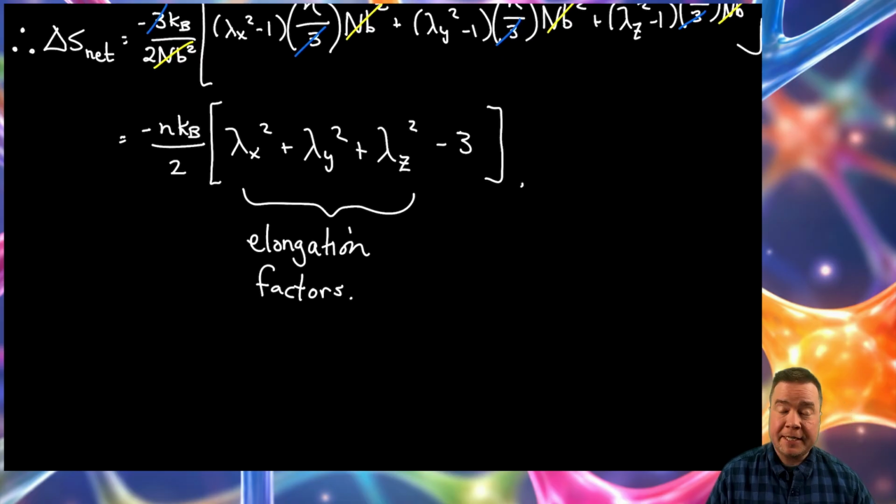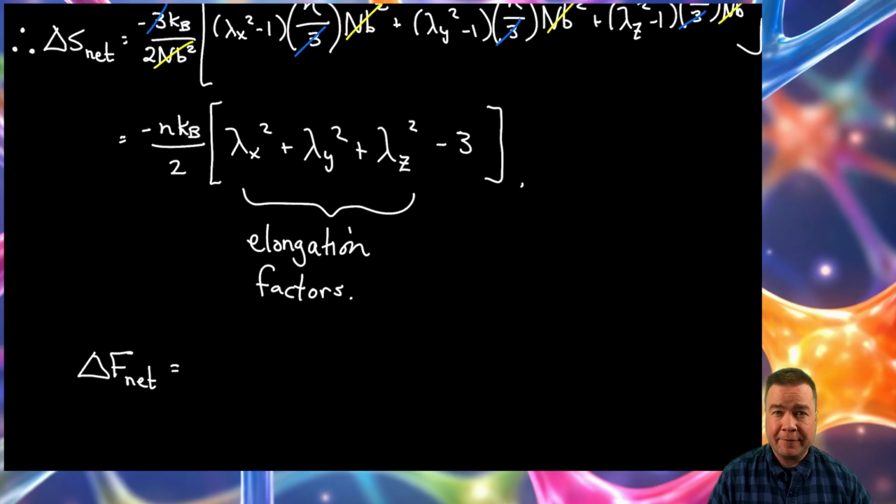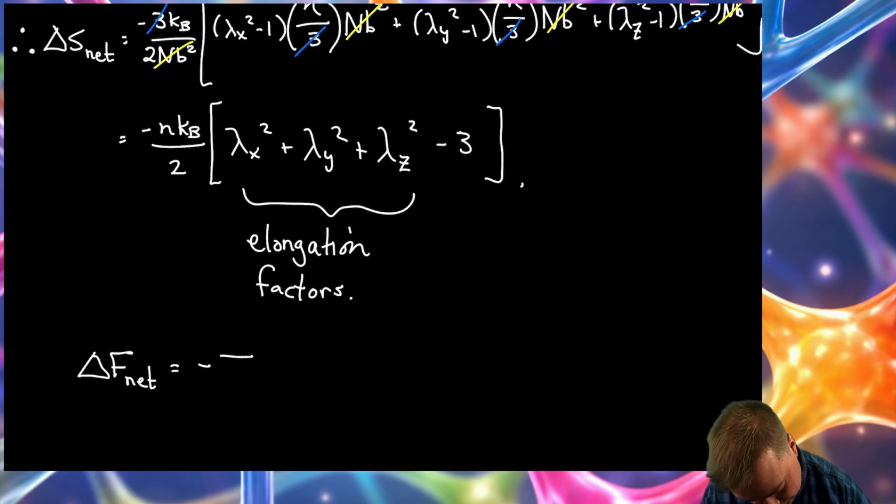Okay, and so that's delta S for the network, and so delta F for the network. Remember, that constant term in the free energy is going to cancel. That F of 0 and n is going to cancel when we subtract the two things. And so we're going to end up with minus T delta S of the network.